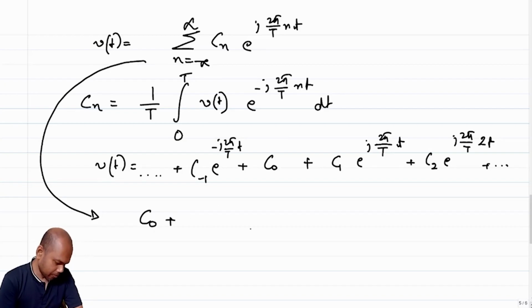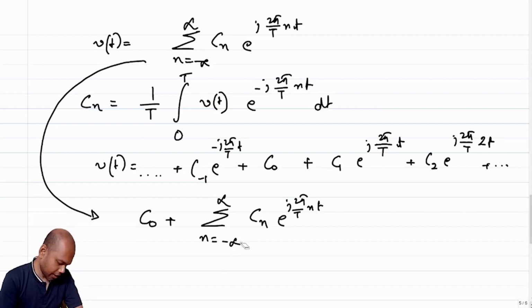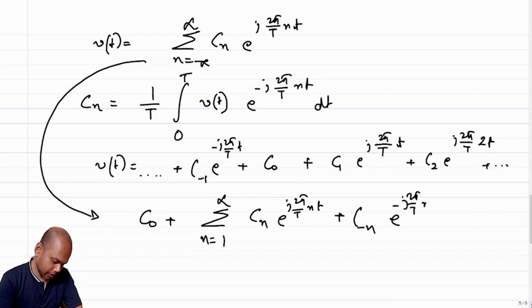So if I write it as C0 plus the summation of n equal to minus infinity to infinity of Cn e to the power j 2 pi by T n t, or simply I write for all positive n equal to 1 to infinity, plus C minus n e to the power minus j 2 pi by T n t.